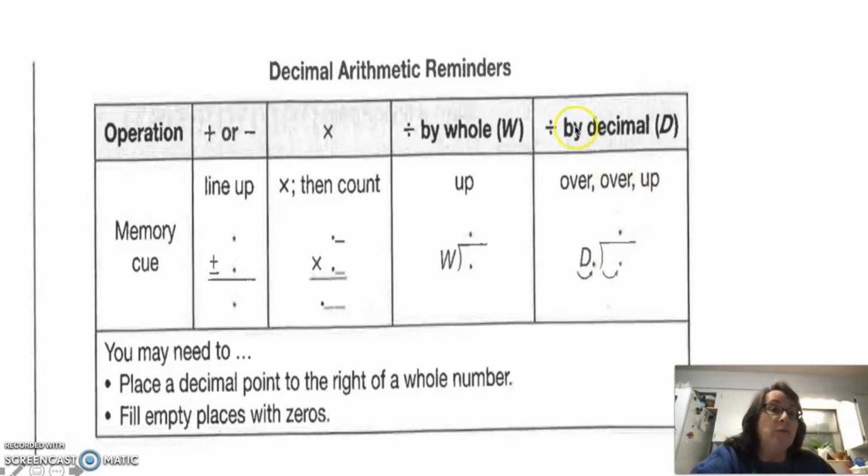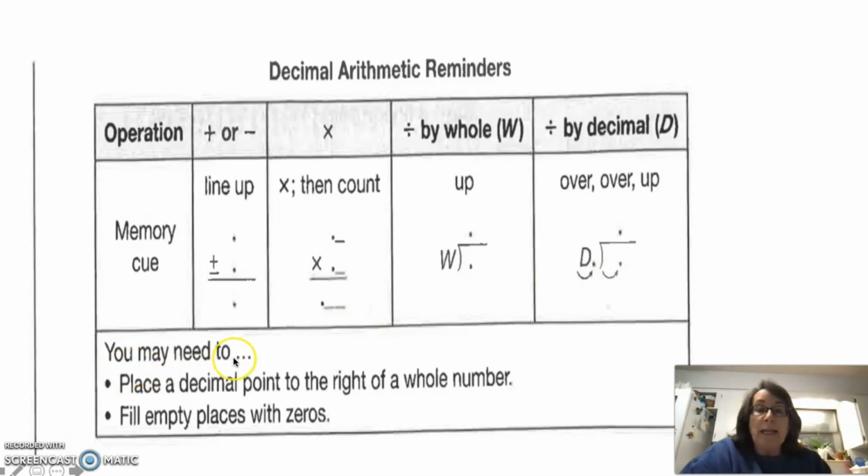And then if we're dividing by a decimal, we're going to move the decimal place in the divisor over however many spots, but we have to move the decimal place in the dividend over that many spots also. And then we will put the decimal above wherever it winds up in the dividend.